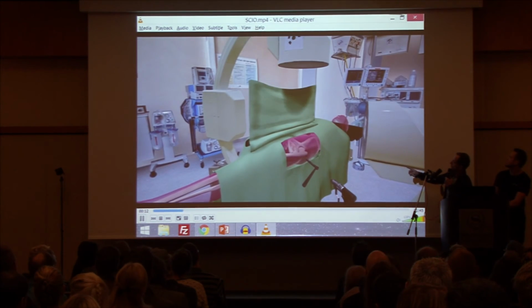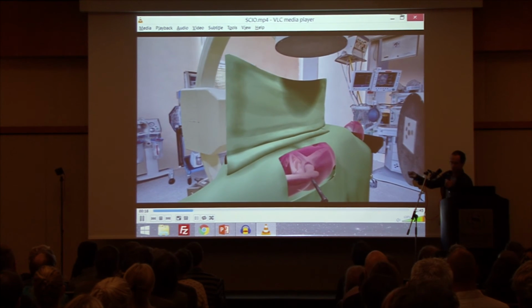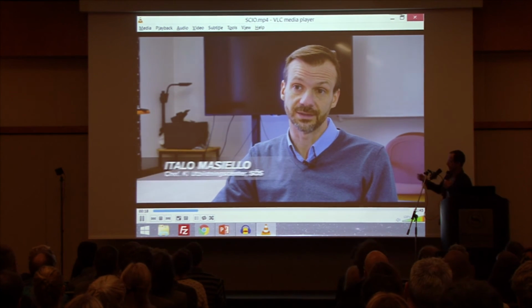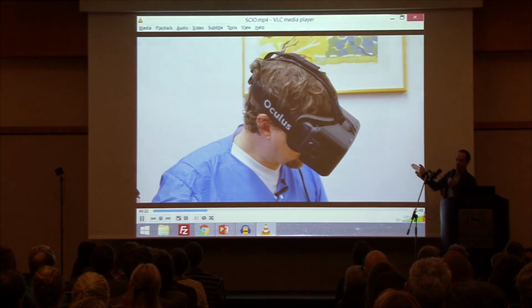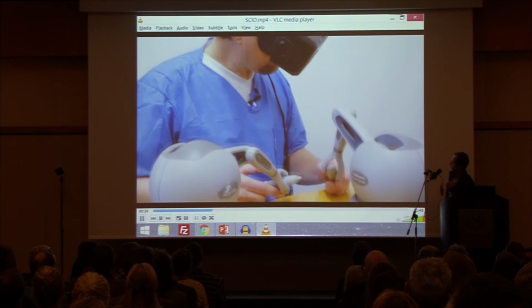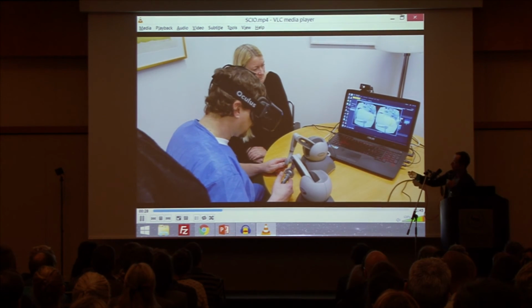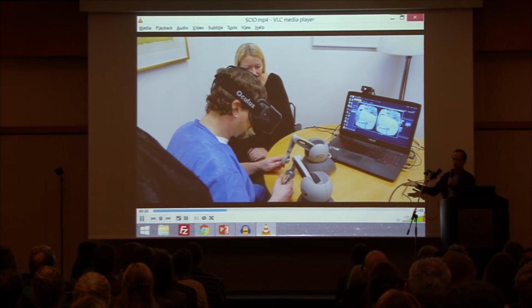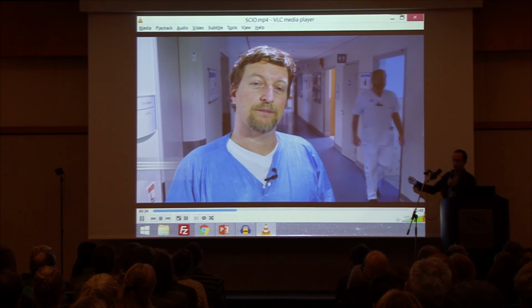Here is the surgeon operating on a virtual patient with haptic devices, tactile devices. Here is Italo, our potential customer, talking about it. There he uses the drill and another tool, I don't know the name in English, to find the hip.